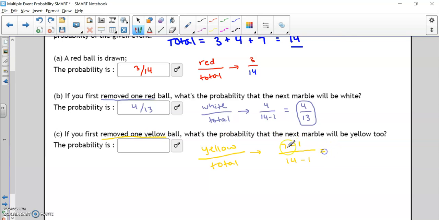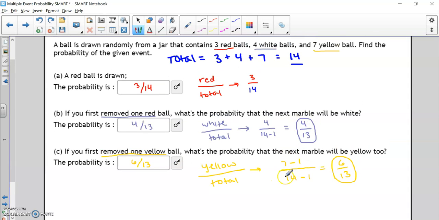So this tells me that 7 minus 1 is 6, 14 minus 1 is 13. This tells me that my probability of this event is 6 out of 13. Okay. And again, that's because we started with 7 yellows, but we took 1 out. And then that means we took 1 out of the total as well. So we have to show that in our numbers.